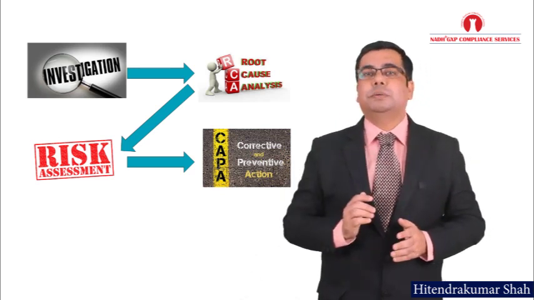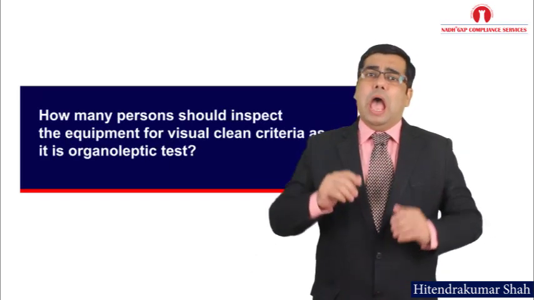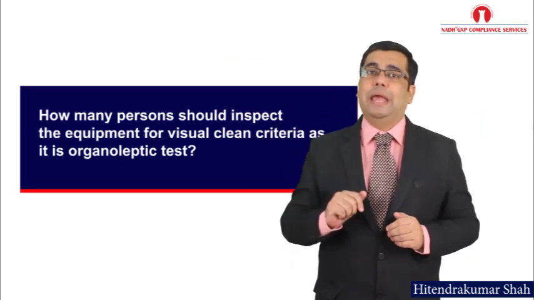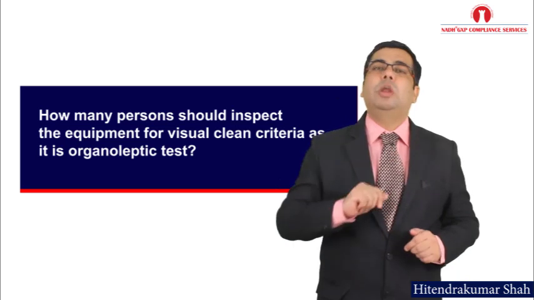The next aspect is how many persons should inspect the equipment for visual cleaning criteria, as it is an organoleptic test. Considering this as an organoleptic test, the decision will not be conclusive if it depends on a single person.